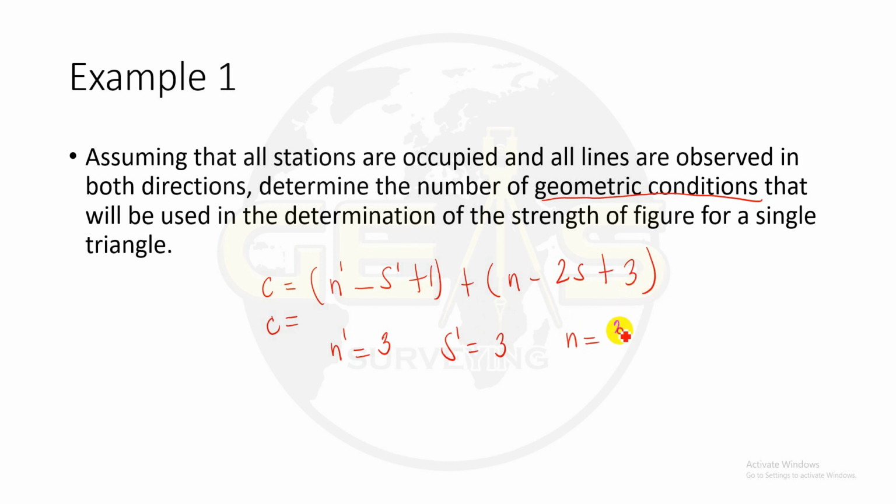We have 3. And S, the total number of stations, also the vertices, 3. Okay, so let's put the values. C is equal to 3 minus 3 plus 1 plus 3 minus 6 plus 3. Our geometric condition is 1.